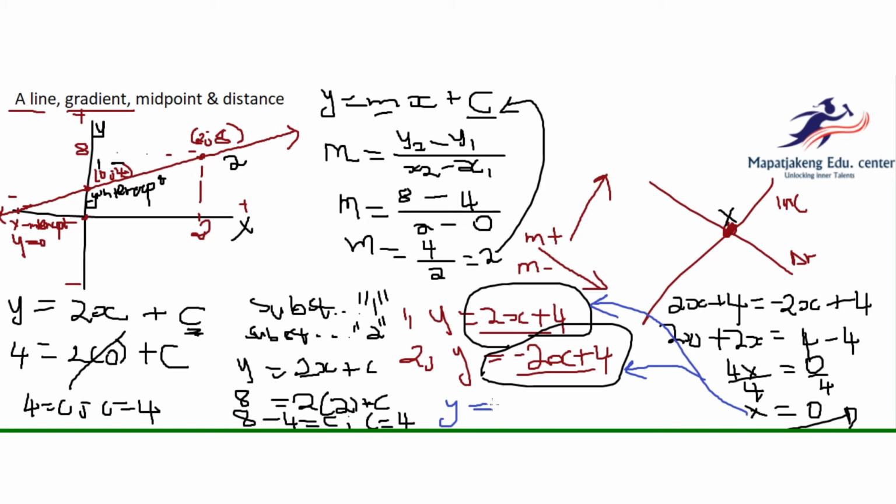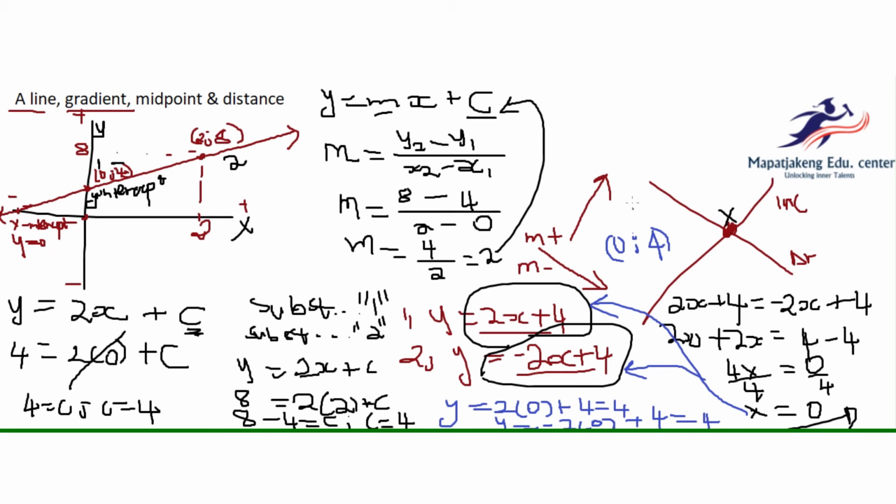If you substitute in the first one, we just put 0 in there, and we get 4. Or if we put in this, y equals minus 2 times 0 plus 4, because we know x is 0. This becomes 0, so it becomes 4. So actually, these two graphs meet at x is 0 and y is 4.